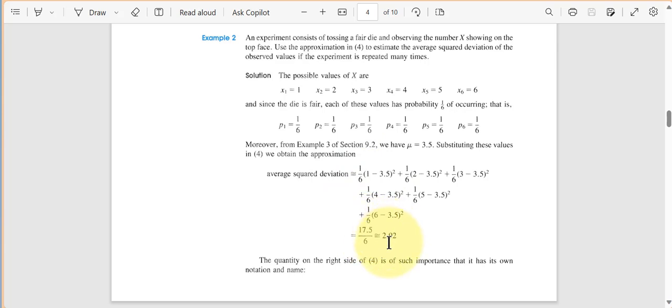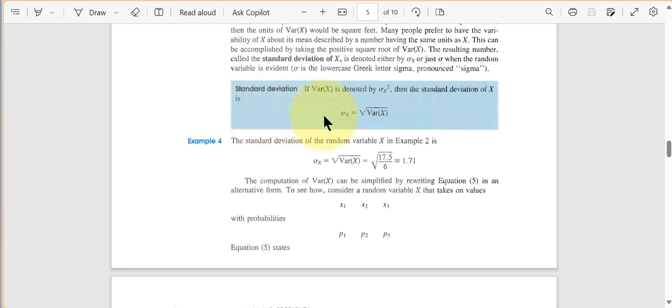So that's called the variance of the random variable which represents a die. And then, typically we want to get not the variance, but the standard deviation. So we'd have to take the square root of that. So again, the notation is sigma sub x for the standard deviation of x, or if you want the variance, it's variance of x like that.